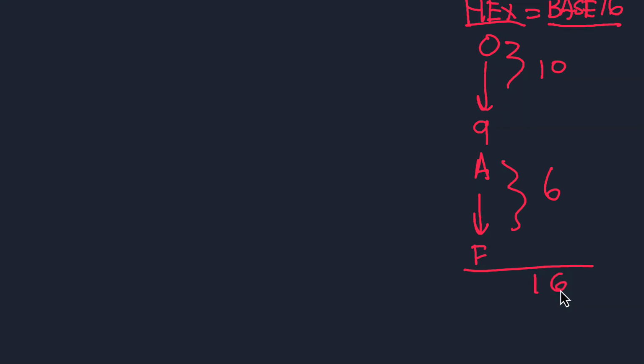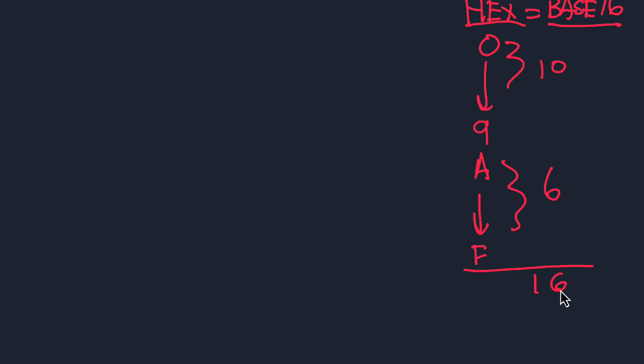That means we have values from 0 going all the way up to 9, and then A going all the way to F. So from 0 through 9, that gives us 10 values, and A through F, that gives us 6 values. So in total, that gives us 16 different combinations for hexadecimal.